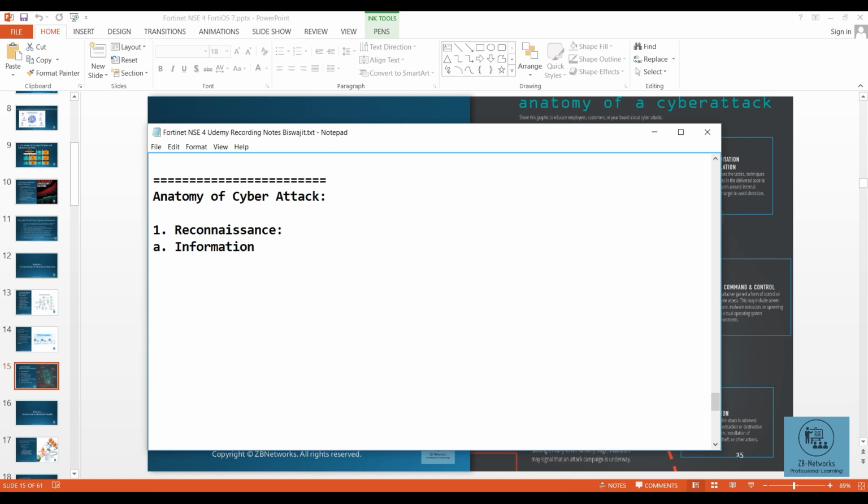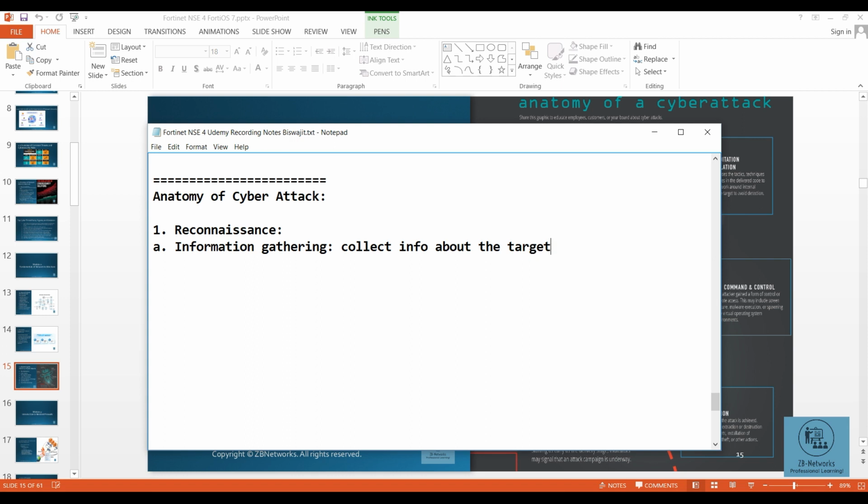The first step that actor would take is reconnaissance, where the first sub-step is information gathering. The cyber attackers collect information about their target.